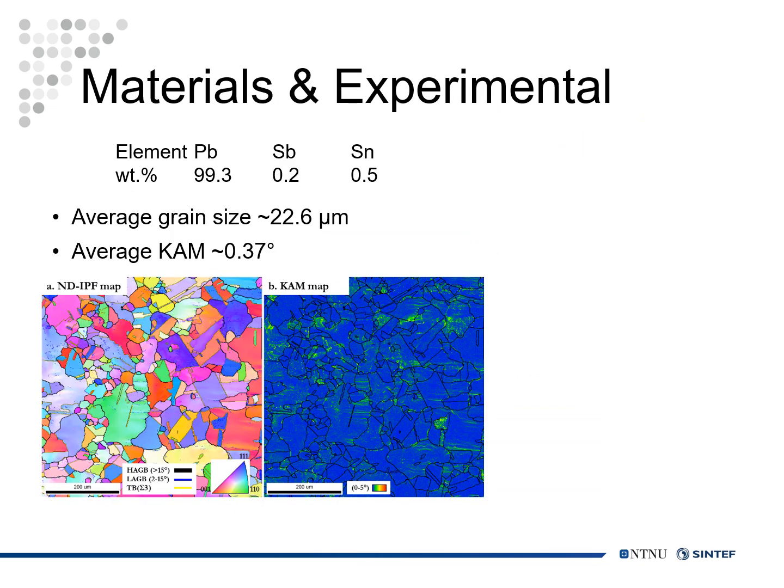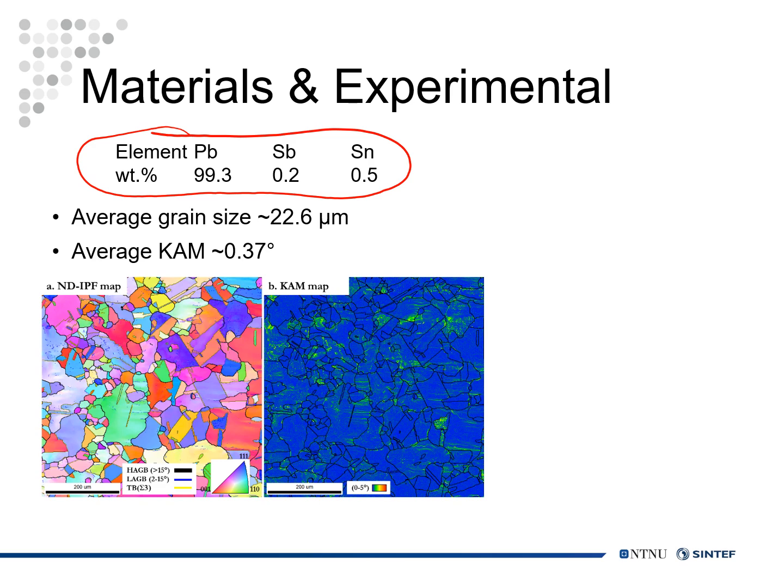The material used in this work is extruded from lead tubes with a storage time of more than 1 year. The chemical composition is shown in this table. It's relatively pure lead with a small portion of both antimony and tin. We did an initial EBSD scan on the as-received material.